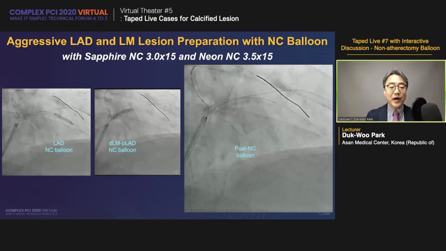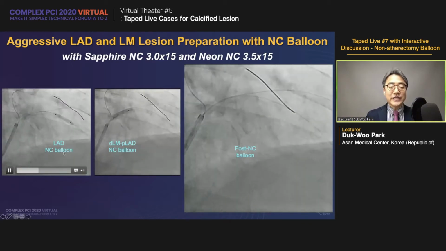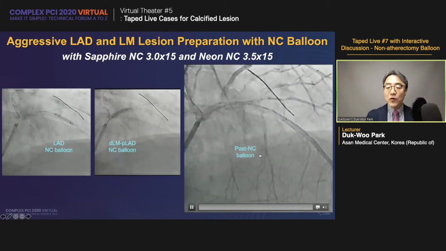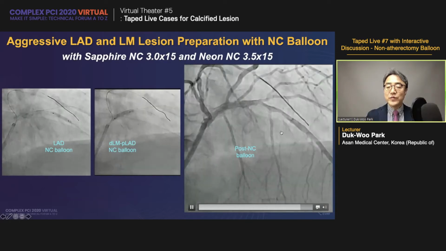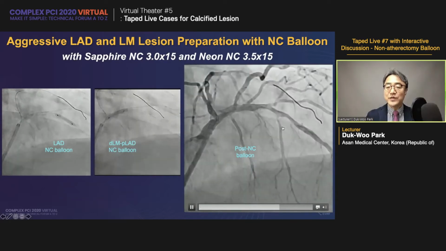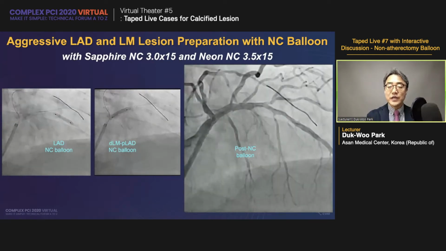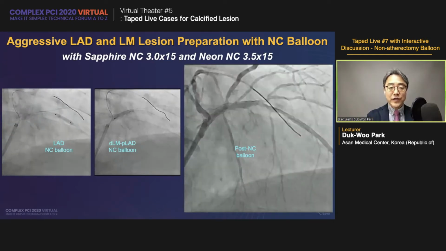Also the LAD part: NC balloon using 3.0, and the proximal part using a 3.5 NC balloon. After NC ballooning the lumen was much enlarged, but there was still circumferential calcium, and I think the angiography looks okay.